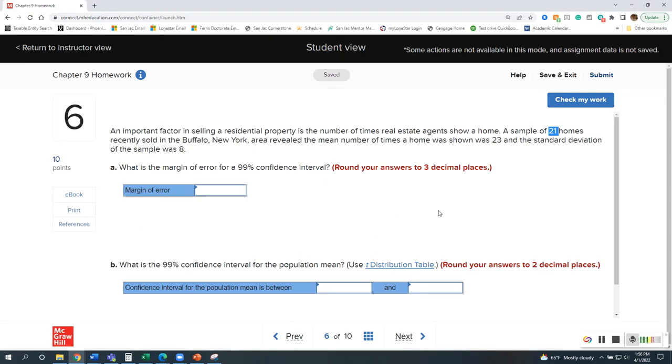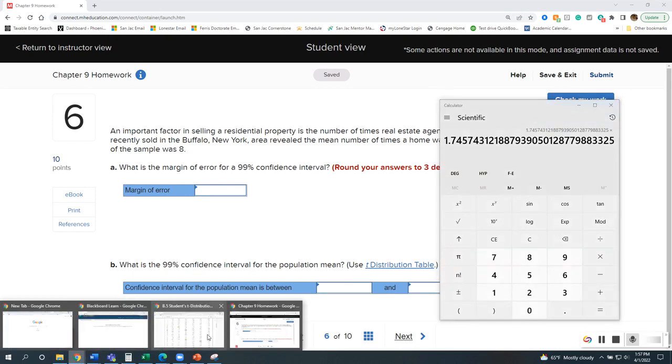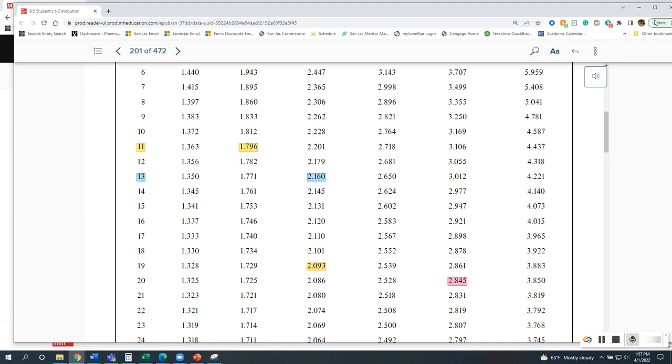We're going to go ahead and take our standard deviation. So calculator, 8 divided by the square root of our sample size, which is 21. Remember, we have to square root that number. Then from that, 8 divided by the square root of our sample size, we're going to multiply by our T value, which was 2.845.